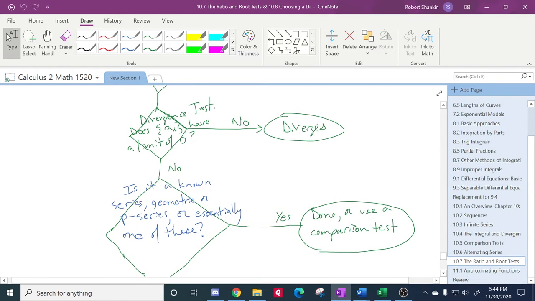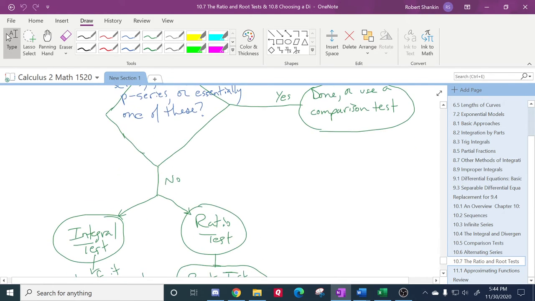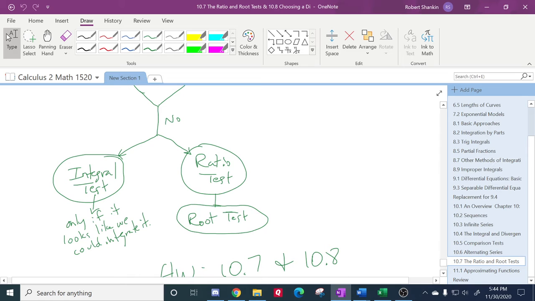And then, is it a known series, geometric p-series, or essentially one of these? No, because of that factorial thing, it's nothing like what we're used to. Okay, so then, the integral test, if we can integrate it. With factorial, no way. So, then we go this direction. It's either the ratio test or the root test if the ratio test doesn't work.